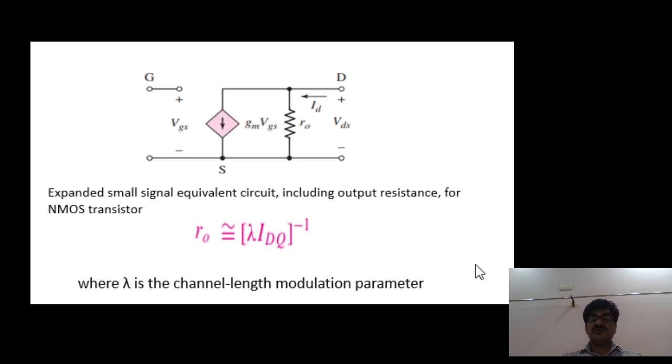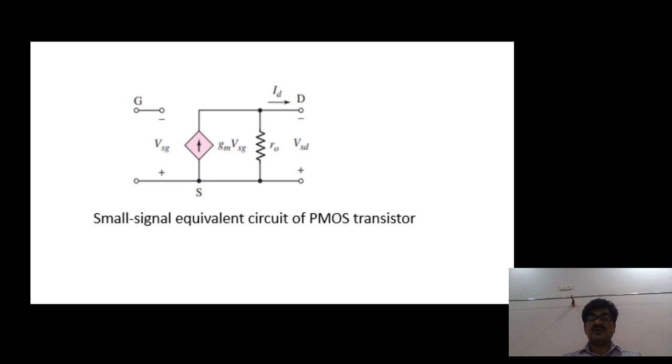So these are the two types of equivalent circuits, without channel length modulation and with channel length modulation. Those are the equivalent circuits for the NMOS transistor. Now this is the equivalent circuit for the PMOS transistor. The only difference is that the polarities are opposite and the current direction is reversed.